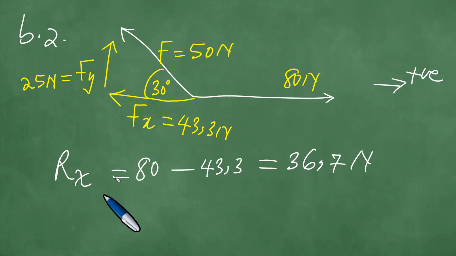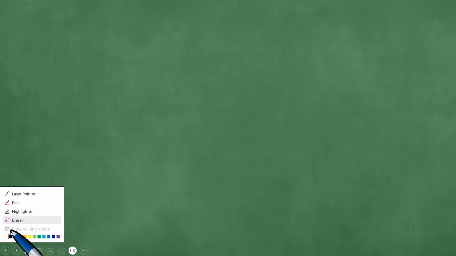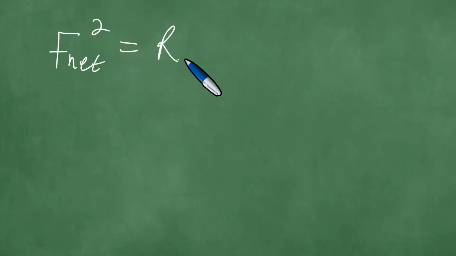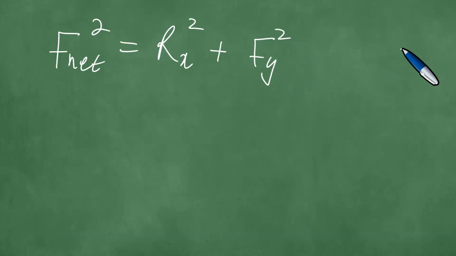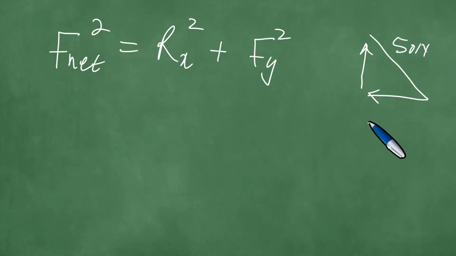Now to find the net force, we can analyze these and say F net squared is Rx squared plus Fy squared. So we're dealing with this kind of a situation here. We have 50 newtons there.